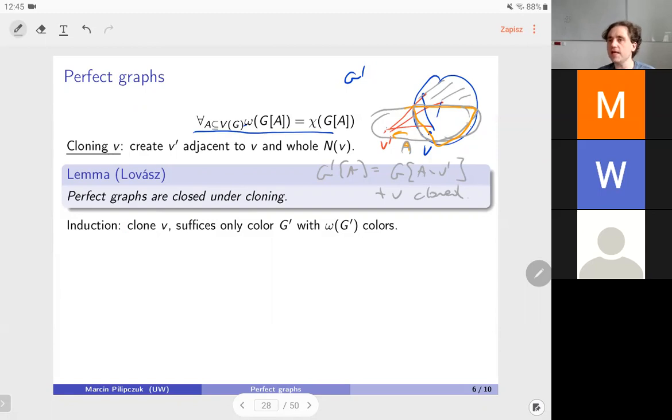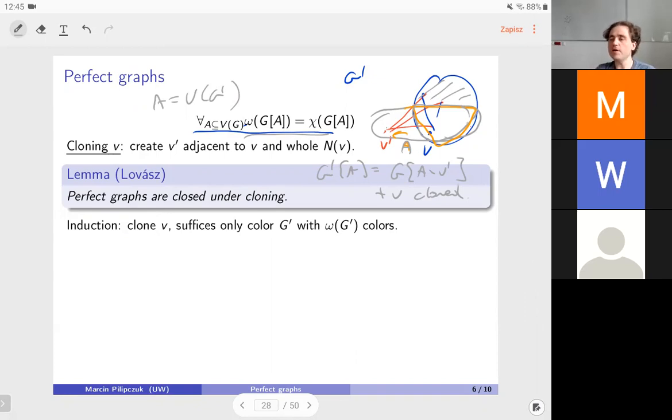This is the trick we'll be using in all the proofs today: you essentially need to prove only the case A equals V of G prime, since from induction or trivial arguments the equality follows for everything except the entire graph, and you want to prove it for the entire graph.